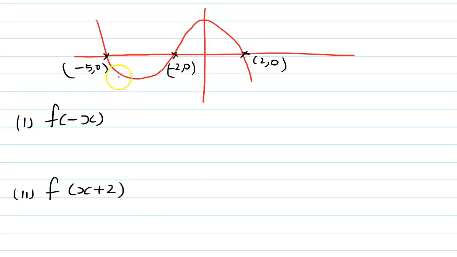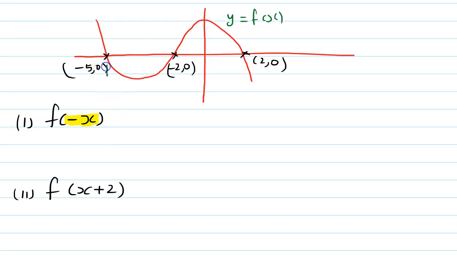So this is another exam question. This is y equal to f(x) curve, which is passing through (-5, 0), (-2, 0) and (2, 0). So what will be the changes if you transform this curve to f(-x)? You need to see it is inside the bracket. Inside the bracket means change the x sign with the opposite sign.